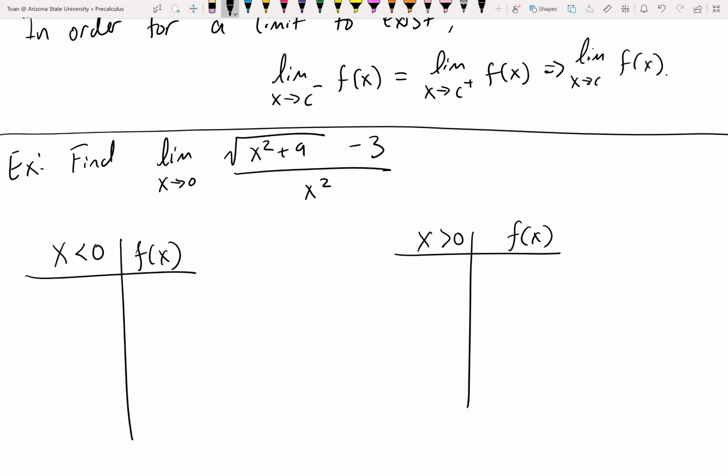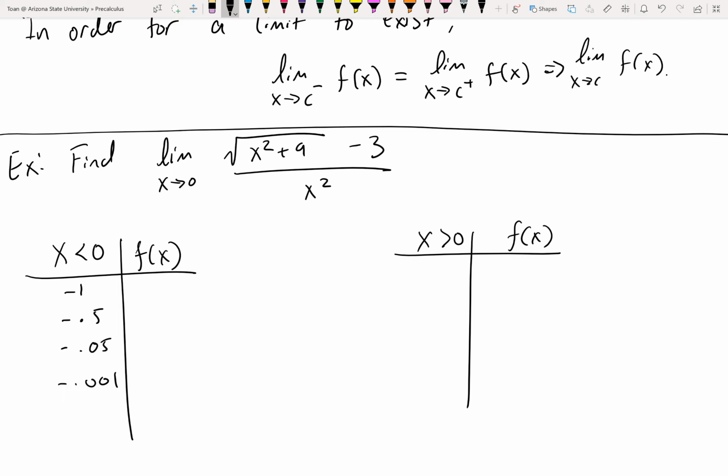We really could choose whatever numbers that we want. Let's do, from the left, say -1, -0.5, -0.05, -0.001.